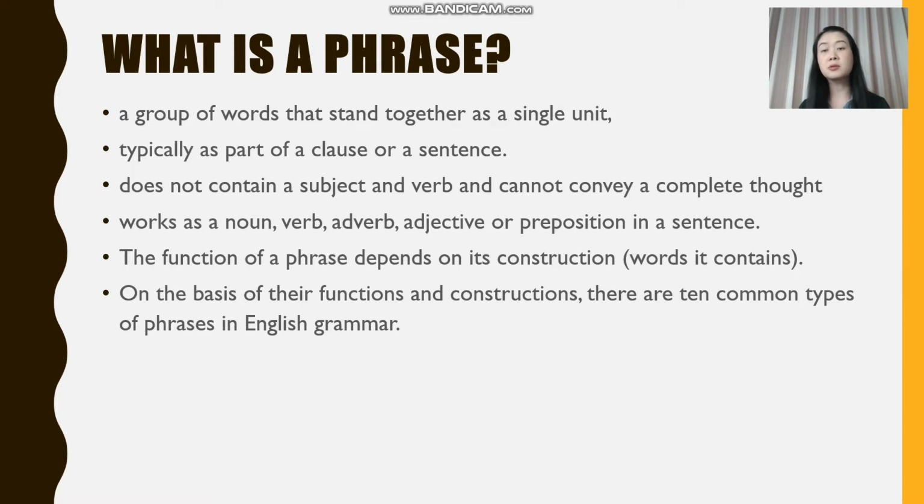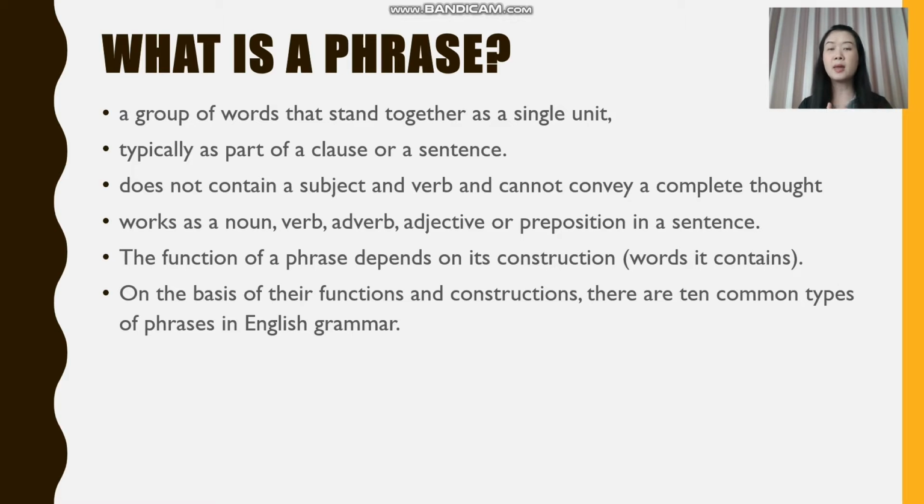A phrase is a group of words that stand together as a single unit. We combine words together like a set or a string of words, and that group of words is used at once. It can be the subject, the verb, or whatever can function in the sentence, okay?